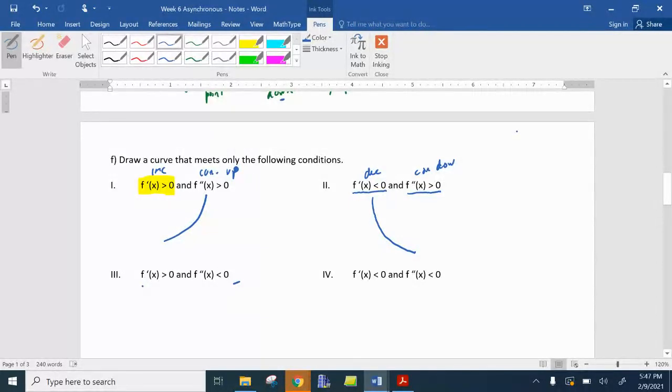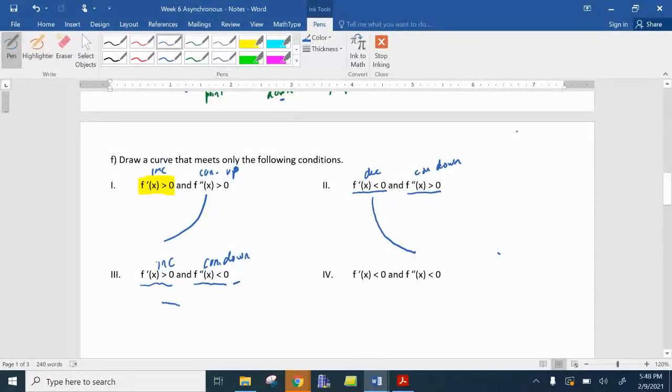Second to last here, we have an increasing function because the first derivative is greater than 0, and then we have a second derivative that is negative. That means concave down. So it's increasing concave down.